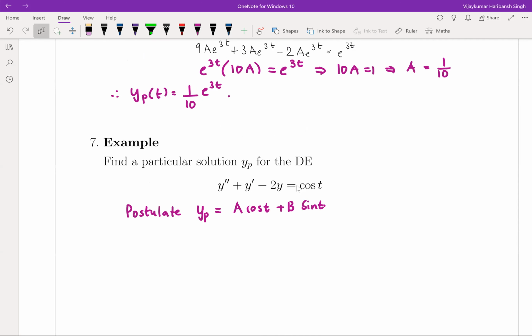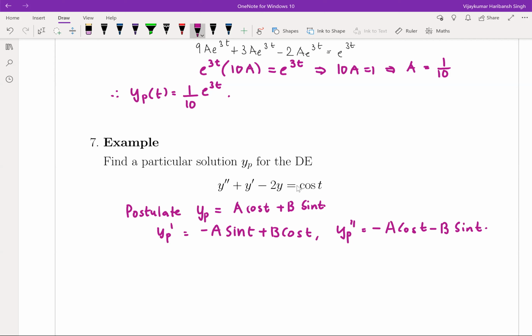Plugging it into the differential equation, let's compute yp prime first. So yp prime is going to be minus a sine t plus b cosine t. Similarly, yp double prime is going to be minus a cosine t minus b sine t.